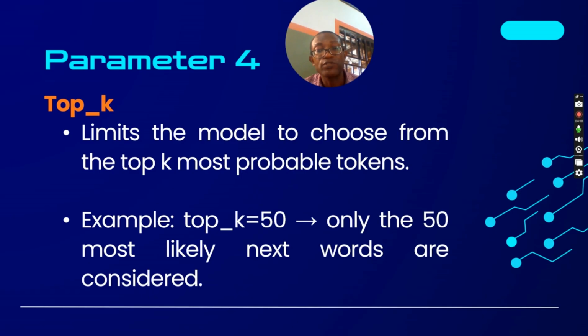For example, if the top K parameter is set to 50, it implies that only the 50 most likely next words are considered. So this is another very important parameter or configuration while building large language models like a pro.